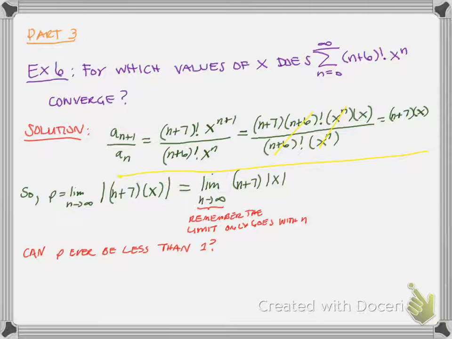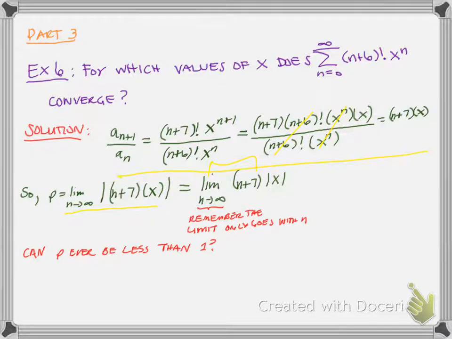Once you simplify your a sub n plus 1 over a sub n, you set up rho equal to the limit as n goes to infinity of the absolute value of n plus 7 times x. Since n is starting from 0, that n plus 7 will always be positive, so we can take it out of the absolute value. And so we have here the limit as n goes to infinity of n plus 7 times the absolute value of x.